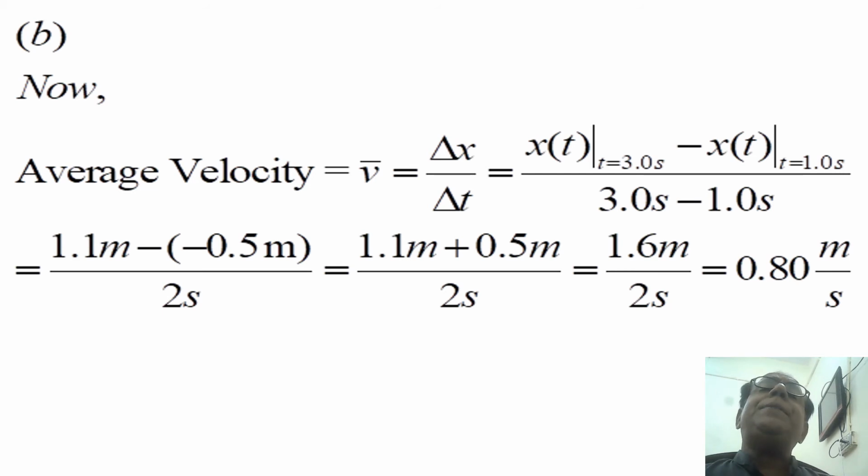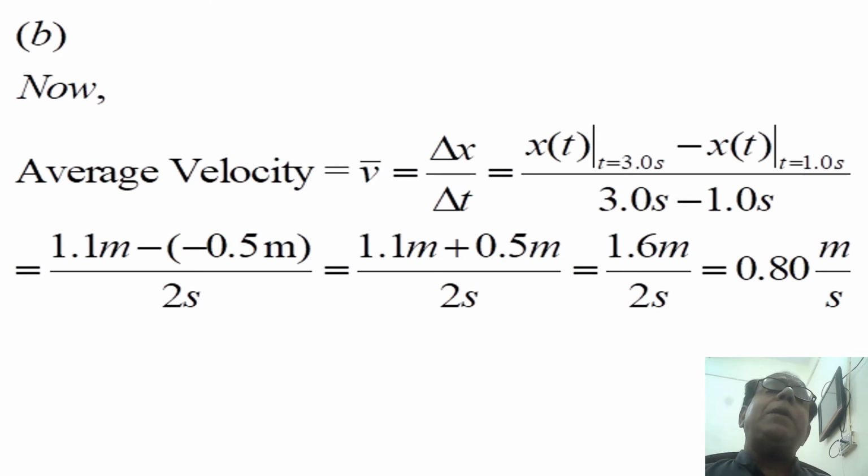Delta t means t2 minus t1, but here, because time has three values, it will become t3 minus t1. So delta t becomes equal to 3.0 second minus 1.0 second.